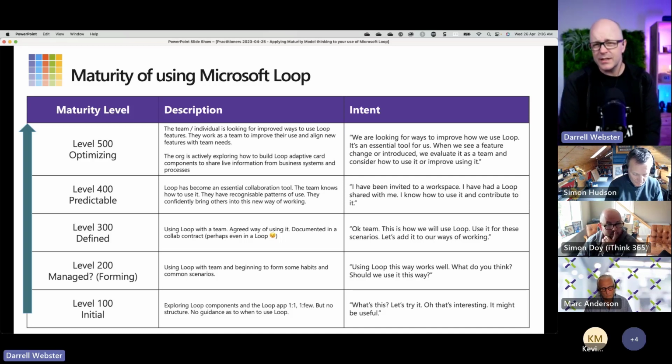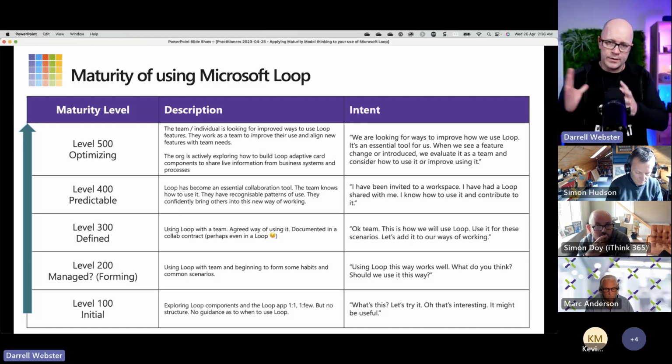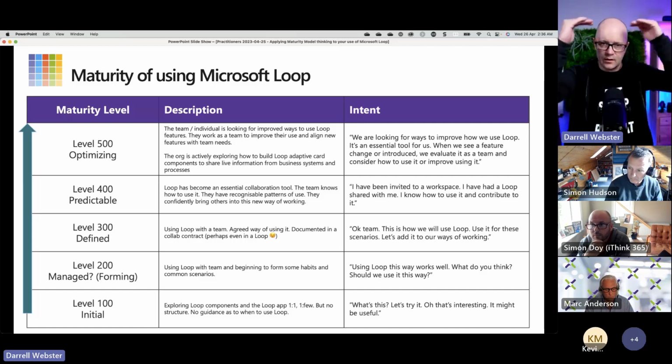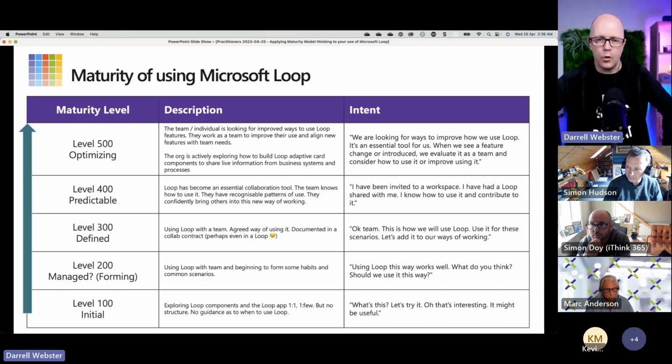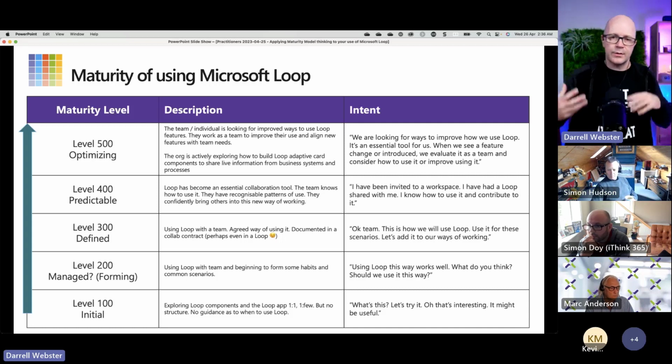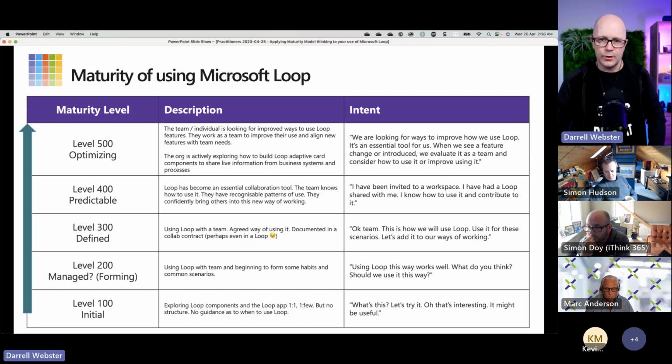Lastly, there is this space that I think Microsoft definitely wants us to think about, especially for those of us who have some development experience. Not only are we optimizing and thinking how could we use Loop better as components or as the app, but there's this other area where you can develop your own Loop adaptive cards or Loop components to bring in content from your business systems. So there's that highest goal of what we can do to make it easy to bring our content into our conversations and into the places that we work.